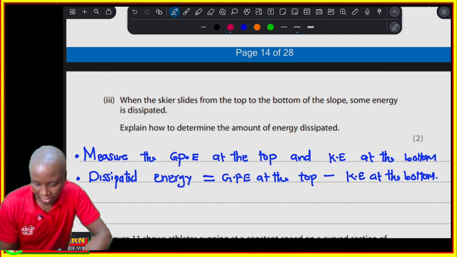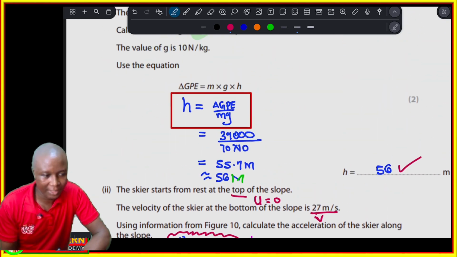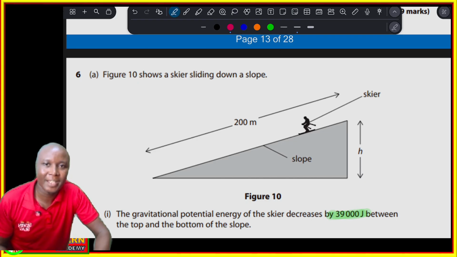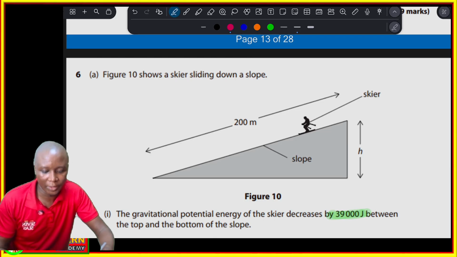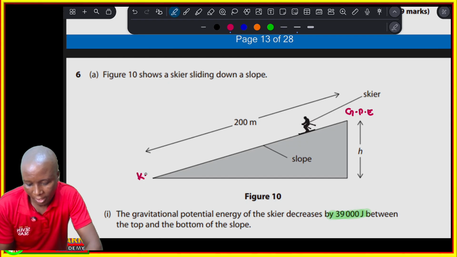Explain how to determine the amount of dissipated energy. Remember, as this skier is sliding down the inclined plane, there is air resistance, there is friction, which is trying to oppose the motion of this person. So energy is dissipated, not all the gravitational potential energy. At this point we have GPE, and at this point we have kinetic energy.